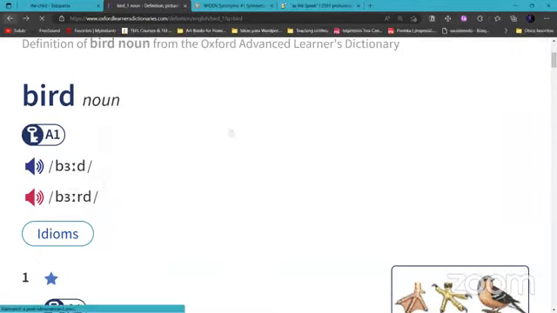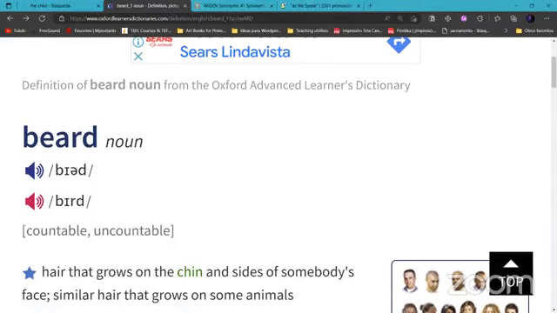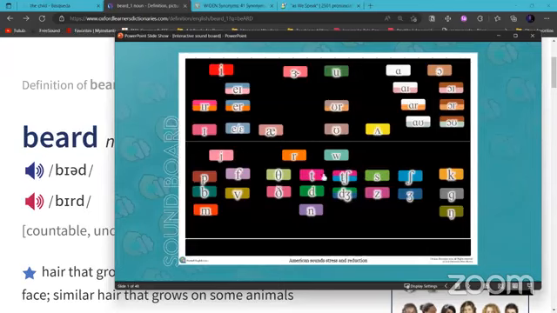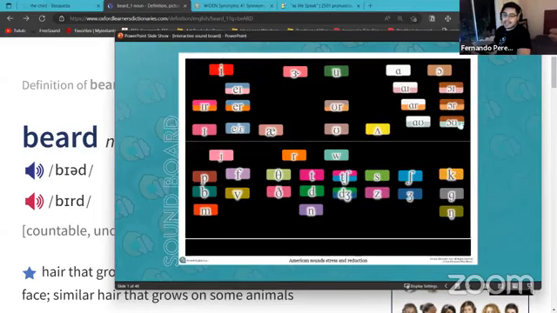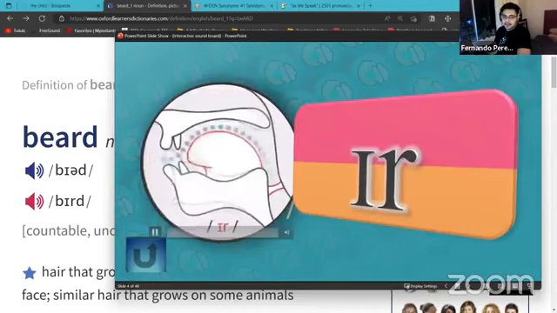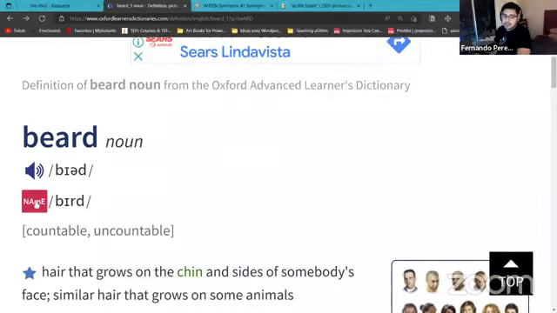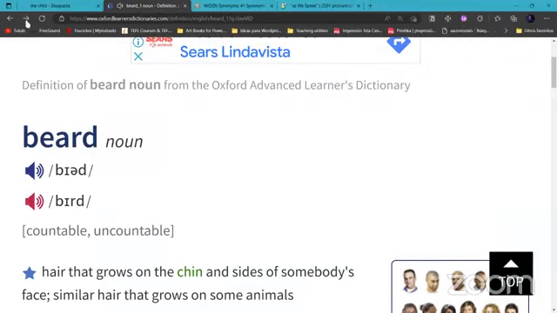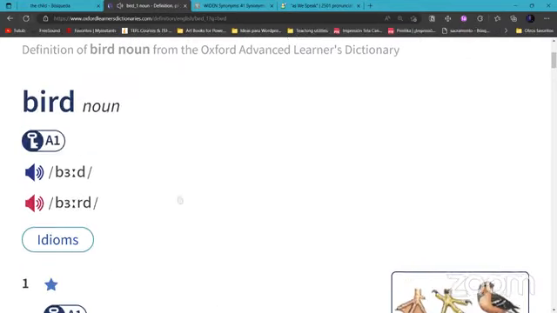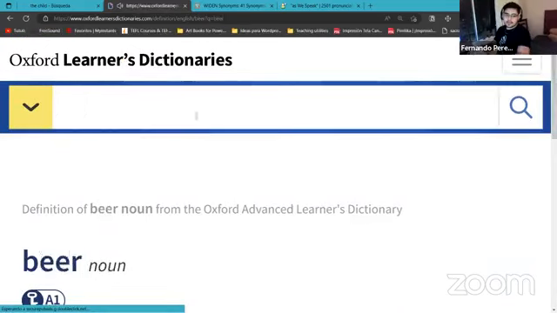Bird. Beard has a D. And how do you say the drink with alcohol? It has the same phonetic as this one but has no D. Beer. This one is bird, and beer.